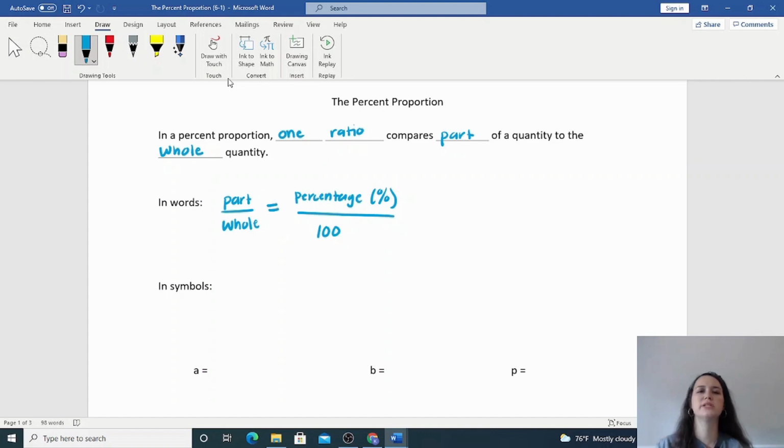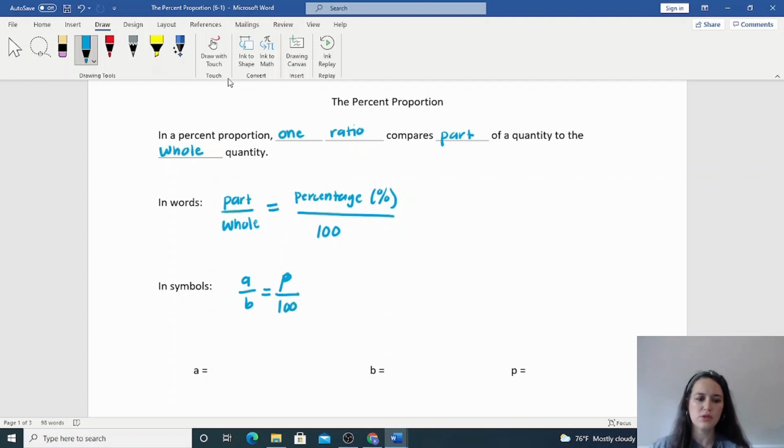If it's 100%, it's the whole thing. Sometimes you can go over 100%, which means something's been added to the whole. More on that later. In symbols, I'm going to use A over B equals a percentage, or P for percent, over 100.